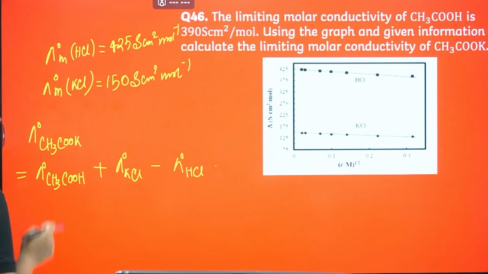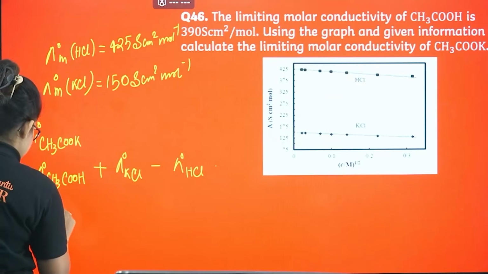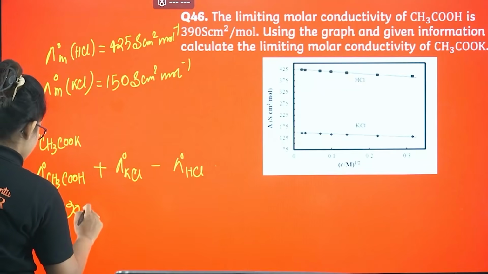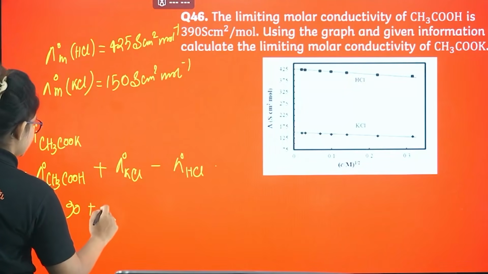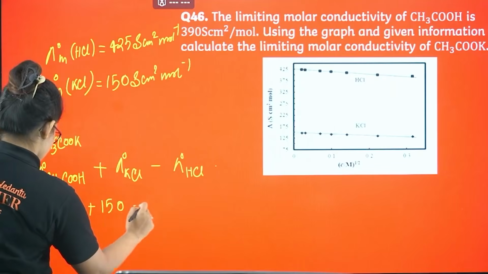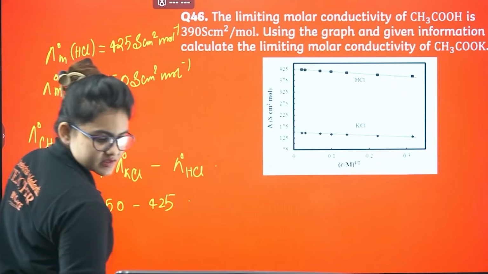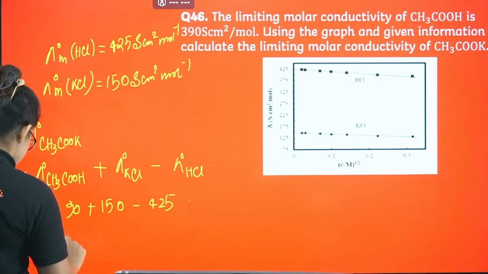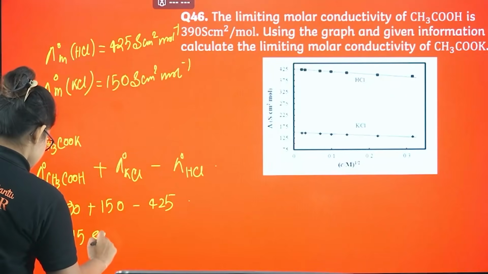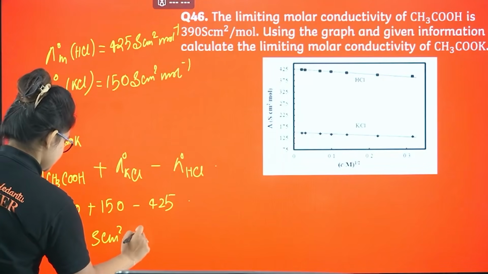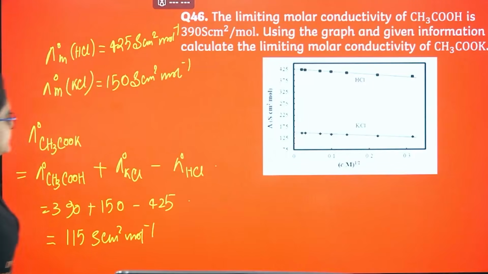So this is how we can represent this. Now we can just put the values over there: 390 plus KCl value is 150 minus 425. Okay, so your answer will be something like 115 S cm2 per mole. I guess this is clear to you.